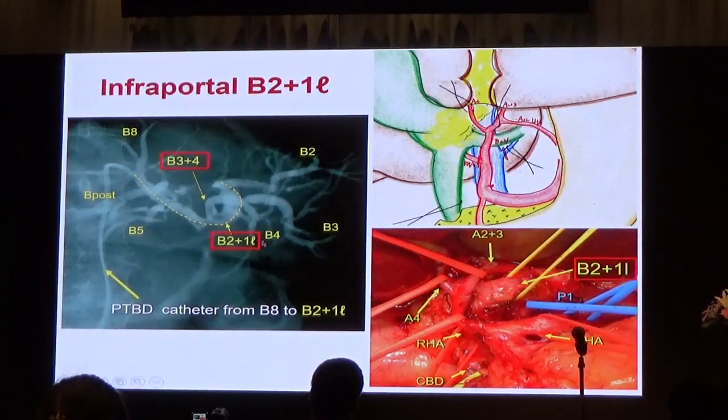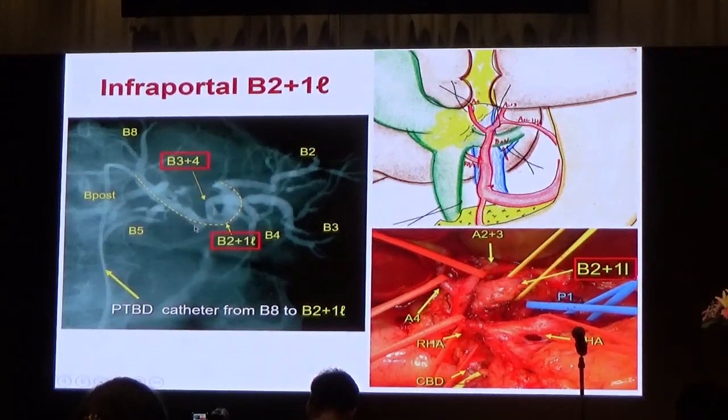So we introduced a PTBD catheter through B8, and the tip of the catheter was introduced into B2, which has a confluence with B1L. And the catheter was passed across the main tumor here. And intraoperatively, we could confirm this anomalous branch here.